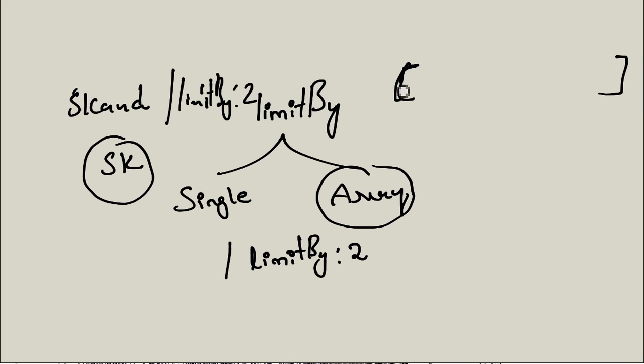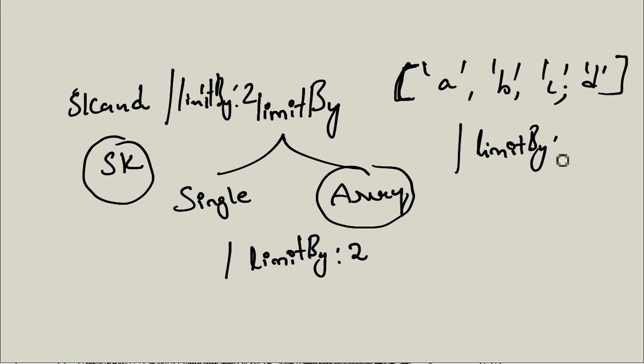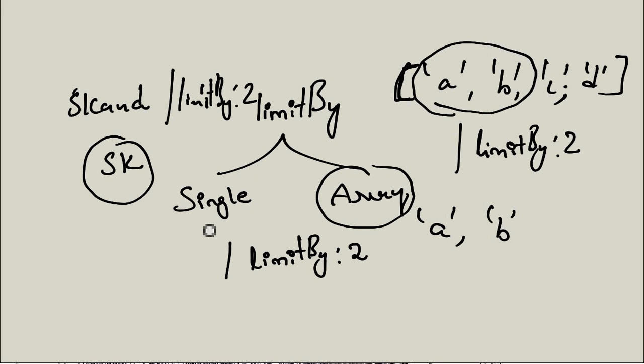So if I have an array of strings, and I apply limit by of 2, we will get the objects a, b. So it will limit to two objects. So this limit by filter can be applied to an array as well as to a single object.